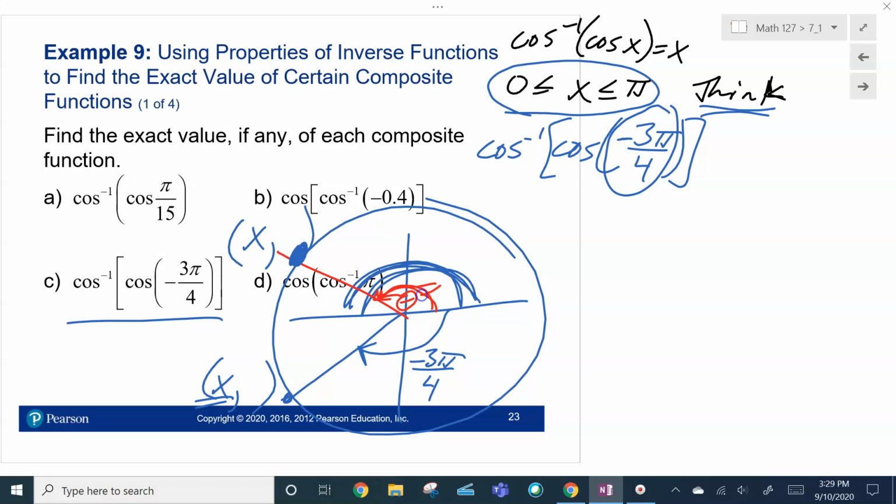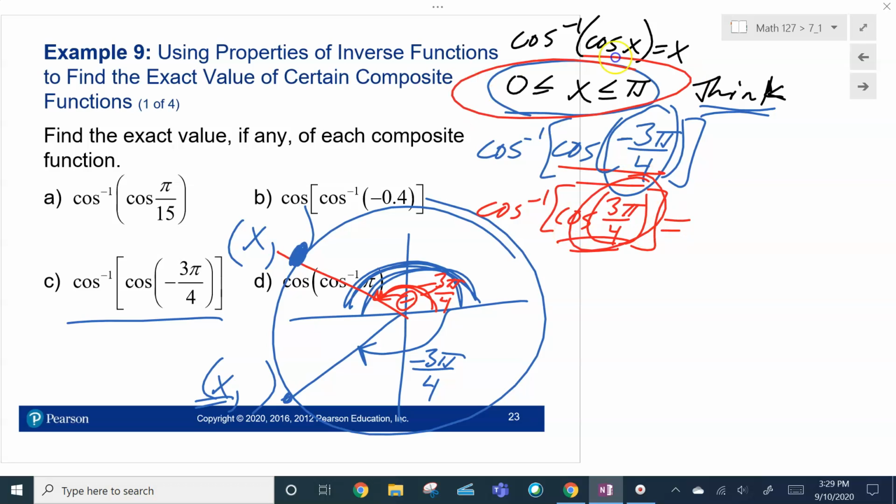In other words, it'll be positive 3 pi fourths. So we can write this as the arc cosine of the cosine of positive 3 pi fourths, because this cosine and that cosine are the exact same thing. And then I say, oh, 3 pi fourths is greater than or equal to 0 and less than or equal to pi. So it just undoes it. We're good to go. There's the 3 pi fourths on that. Okay?